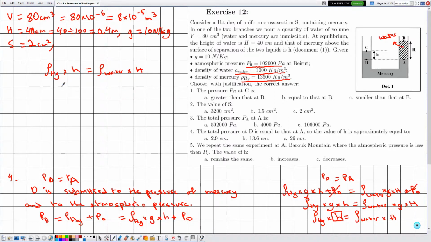So the density of rho Hg is given by 13,600 in the SI multiplied by H. The density of water is given by 1000 and the value of H is given by 0.4.